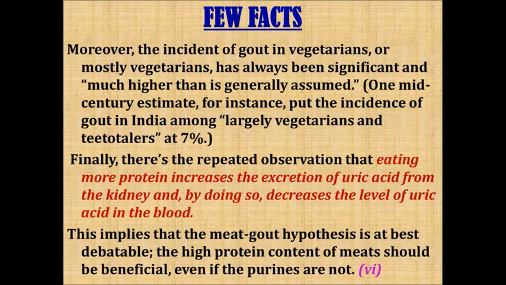Finally, there is a repeated observation that eating more protein increases the excretion of uric acid from the kidney, and by doing so decreases the level of uric acid in the blood. This implies that the meat gout hypothesis is at best debatable. The high protein content of meat should be beneficial even if purines are not, which means, like many people say, we need not restrict the protein rich foods if a patient is suffering from gout.